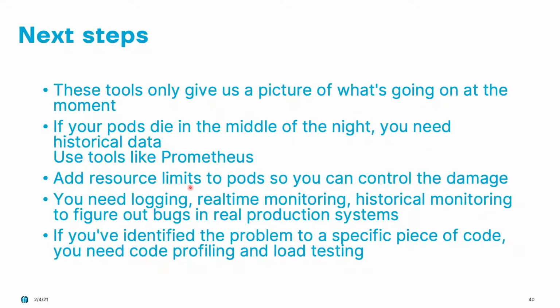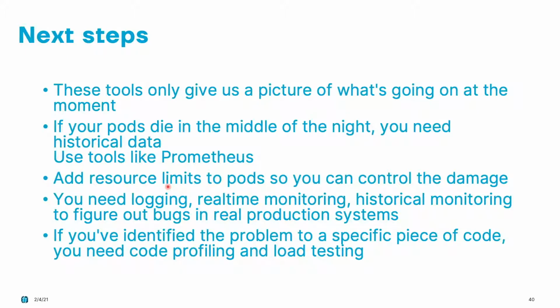The defaults are basically if you either have less than 100 megabytes of RAM left on a node, or a pod is consuming some percentage of CPU, 90%, I believe, I'm not sure, then it's going to be killed.